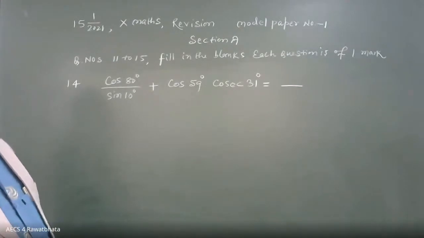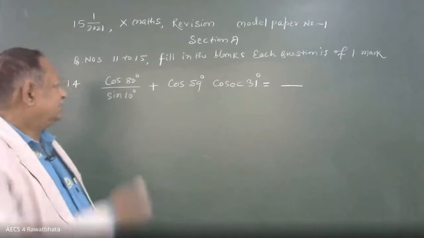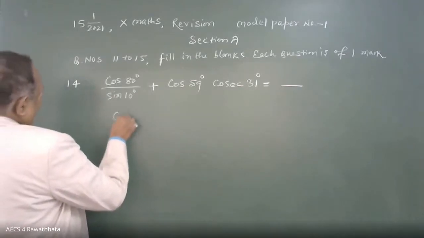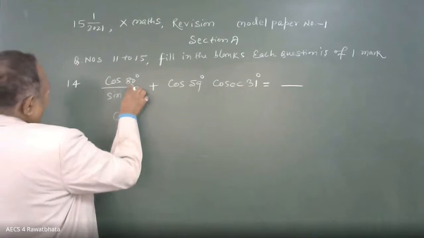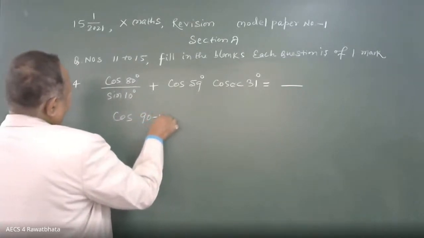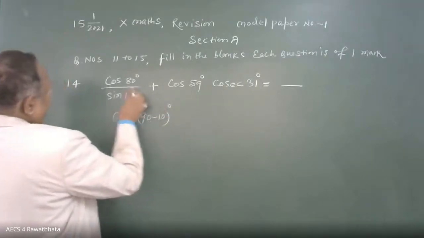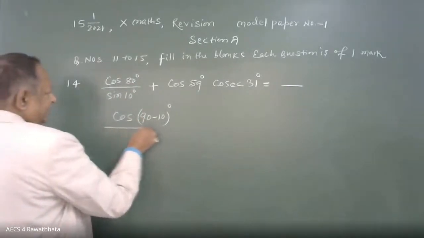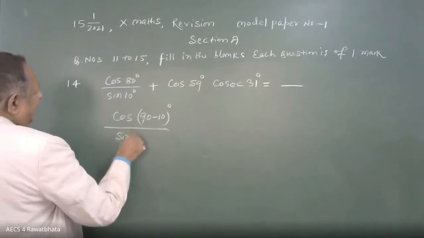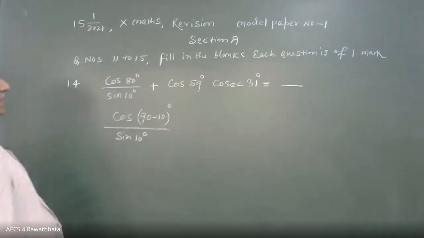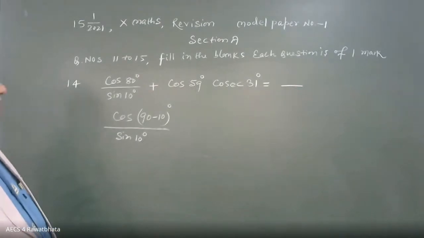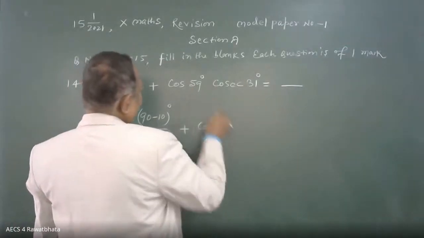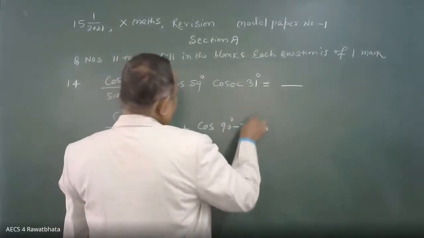This can be written as cos, in place of 80 we can write 90 minus 10, upon denominator sin 10 degree, plus cos, in place of 59, 90 minus 31 degree, into cosec 31 degree.